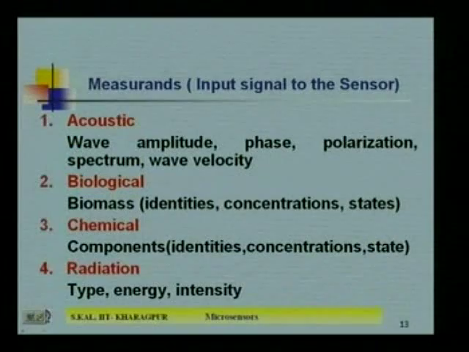Energy and intensity: intensity means how strong the radiation is, and from that intensity, how much energy you can get. The energy and intensity are different; for the same intensity, the energy may be different. So type, energy, intensity are the different components of any radiant signal or radiant energy.